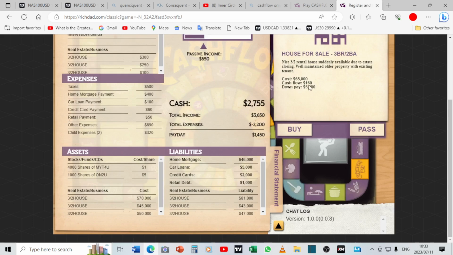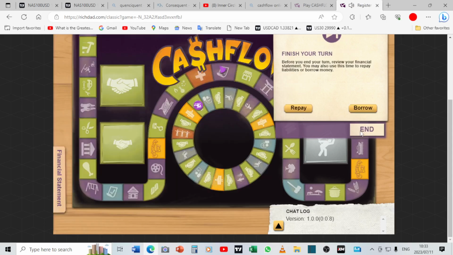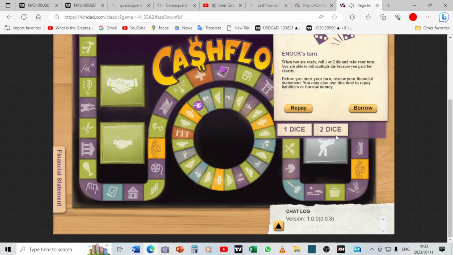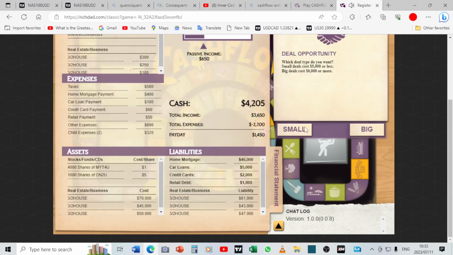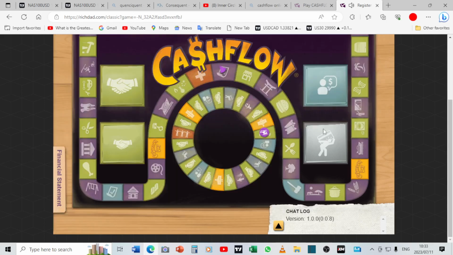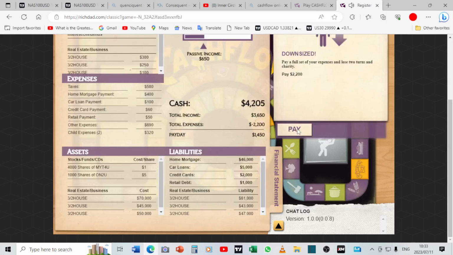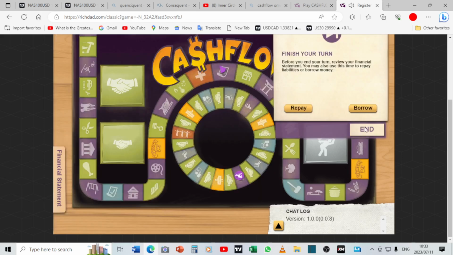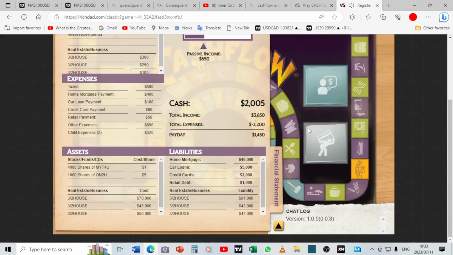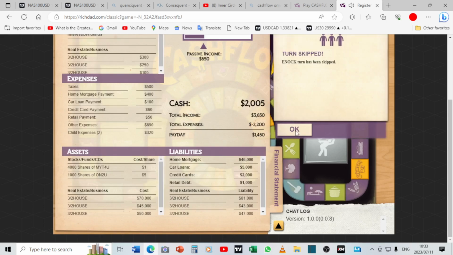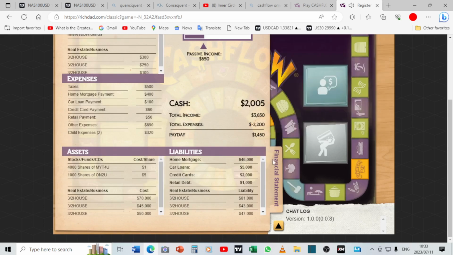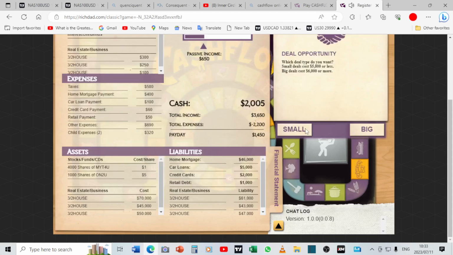Down payment is 5,000. Pass. Pass. Who's bringing it? I'm still getting up on my feet. Don't come and ask money from me, guys.